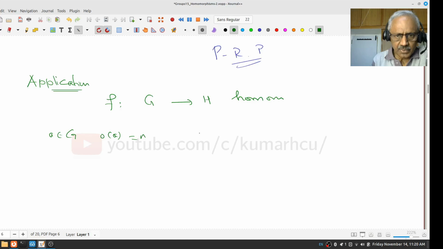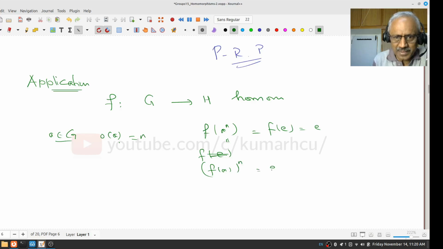Then what do I know? f of a power n is f of e, and therefore this is e, where the first e is e_G, the identity of G, and this is the identity of H. So f of a, whole power n, is the identity. If I call b as f of a, what it says is b power n is the identity.